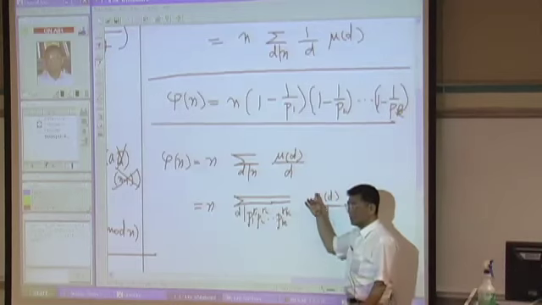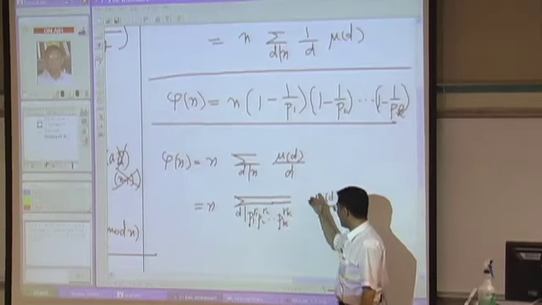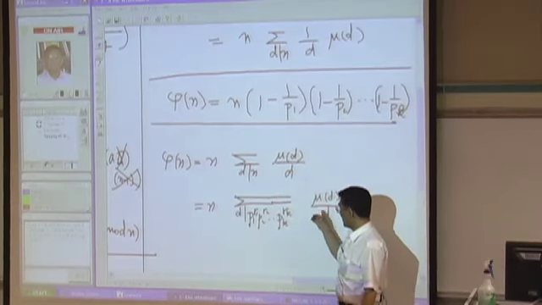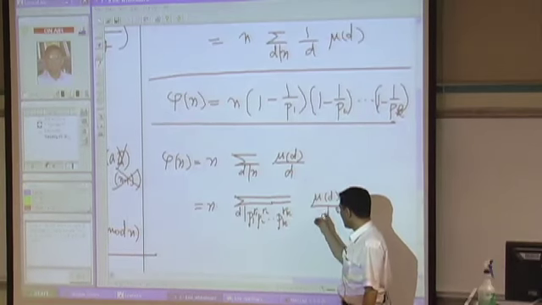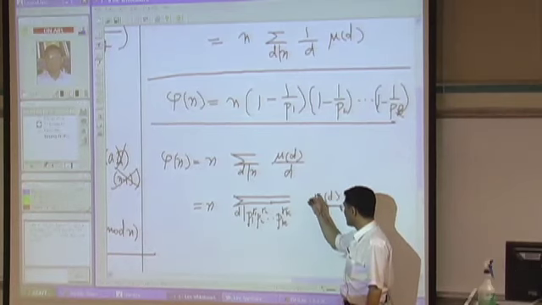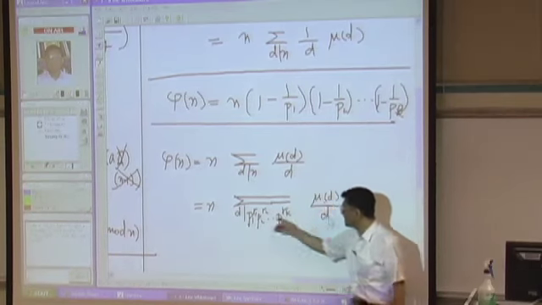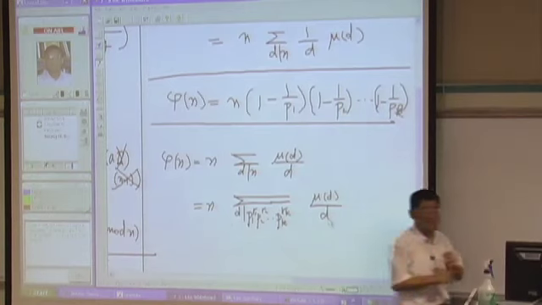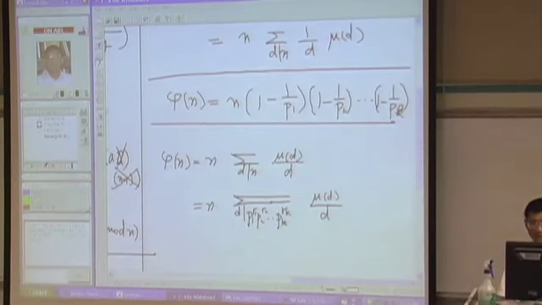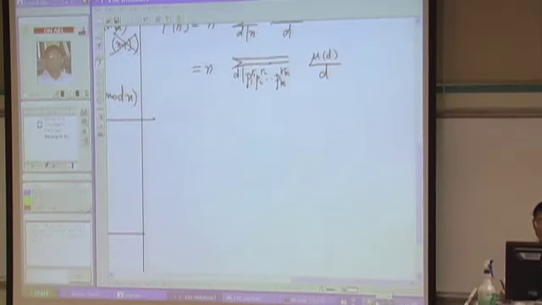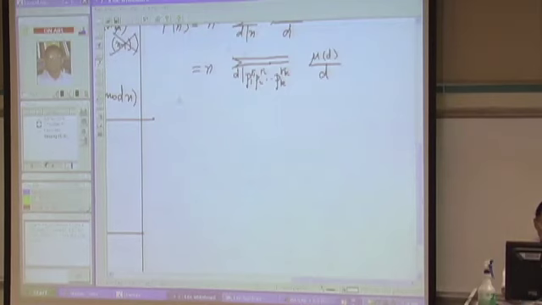As you can see, the mu function and the d function, the identity function, are all multiplicative. Because these are multiplicative, we can split these things into individual cases. So I didn't use the multiplicity of the phi function at all.